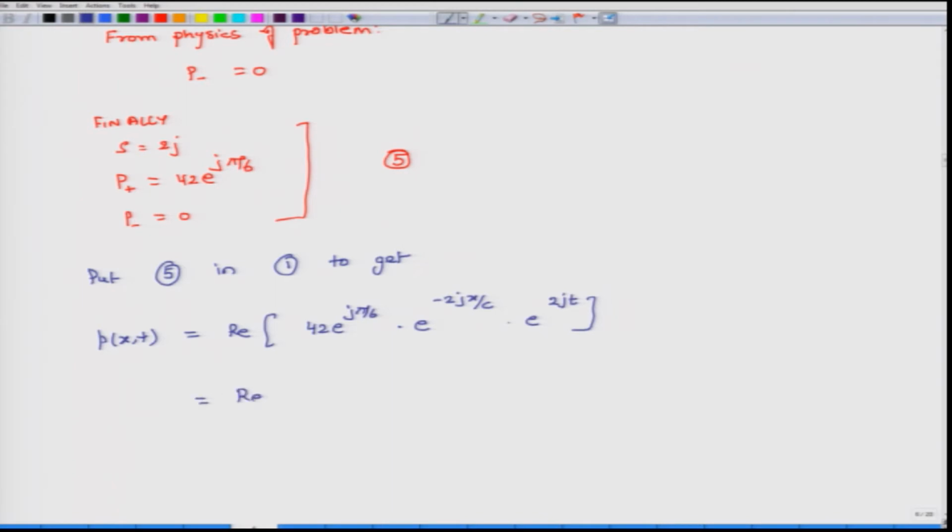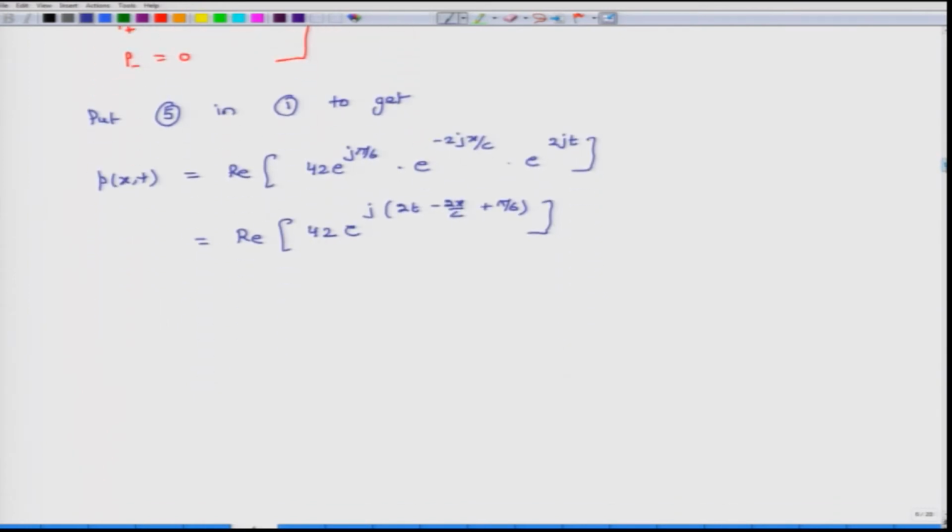So, it is equal to real of 42 e to the power of j, 2t minus 2x over c, plus pi over 6. Now, this is an exponential function with complex powers. So, this becomes nothing but 42 cosine, if I take its real portion only, cosine of 2t minus 2x over c plus pi over 6.